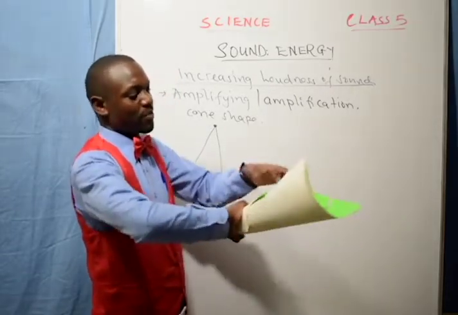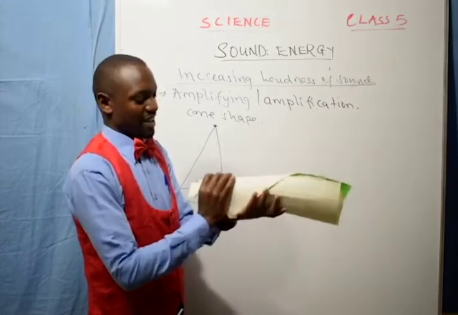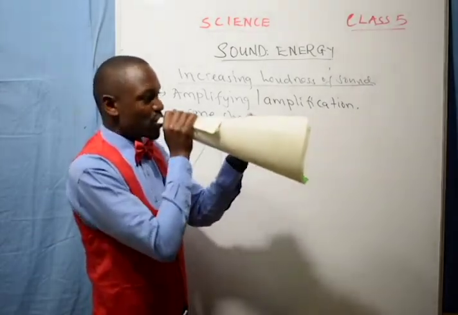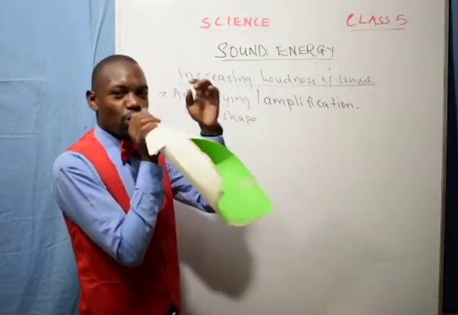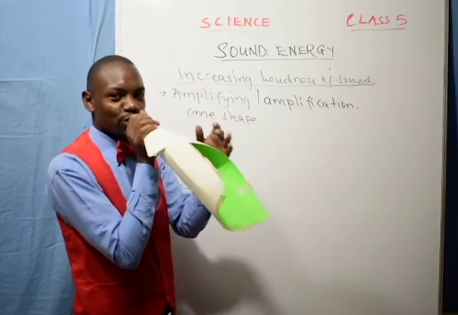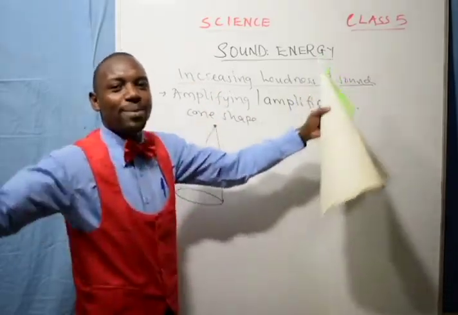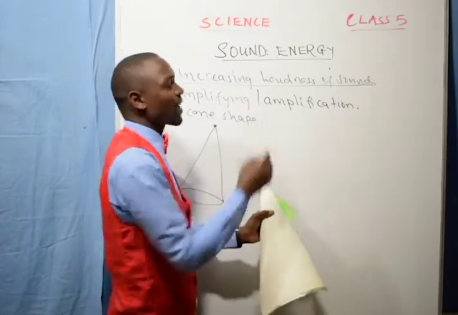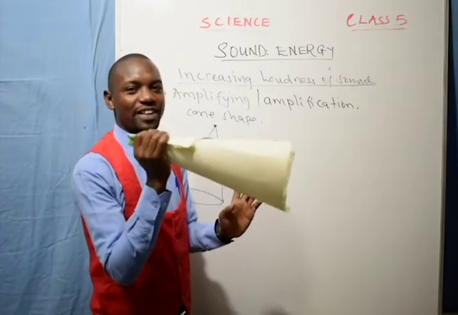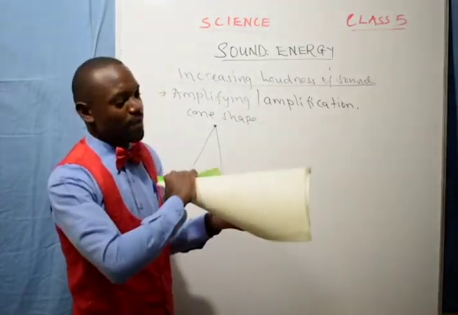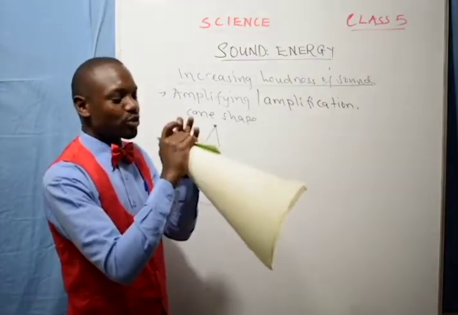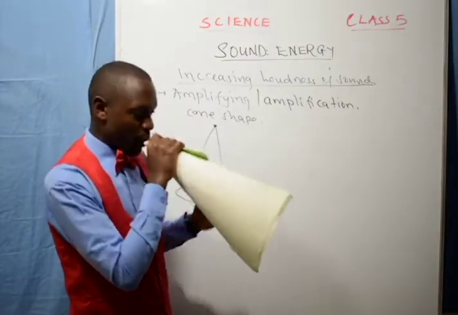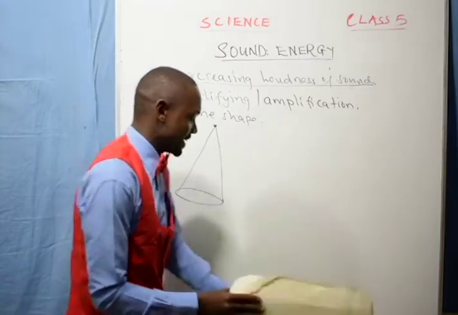You see the shape of the piece of paper? Then you talk through this. You are amplifying sound, increasing the loudness of sound. So you can amplify sound by folding a piece of paper to form a shape like this and talking through it. That is what we call amplifying sound.